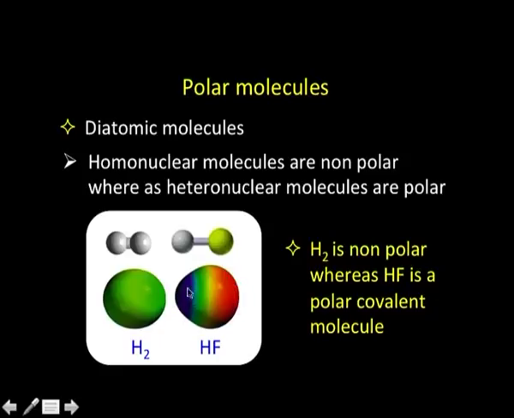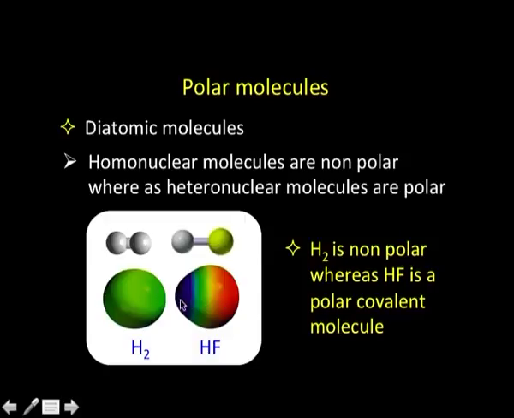And we find that in case of HF, since the fluorine atom is highly electronegative as compared to the hydrogen atom, the bond pair of electrons here, which is a shared pair, gets shifted more towards the fluorine atom. As a consequence, it acquires some kind of negative charge, whereas this becomes slightly positive there. So, there is a charge separation there, and that is indicated by this kind of electrostatic potential map. So, this is the positive part of the molecule, this is the negative part of the molecule there.